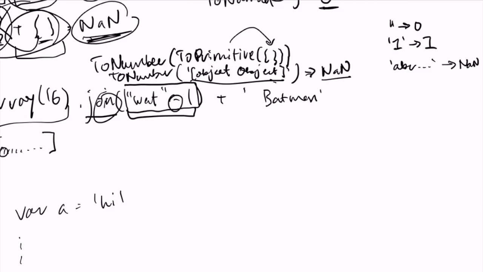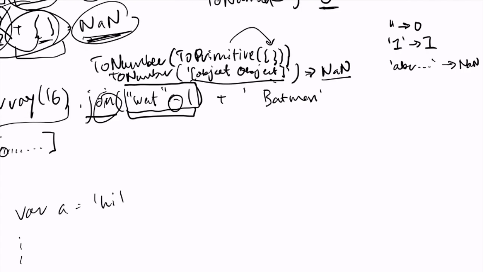It's going to try and cast both of the sides down to their primitive value. But it does something that's a little bit deviant from the normal addition specifications in JavaScript. The minus operator doesn't just cast down to primitive value, it casts down to number directly.